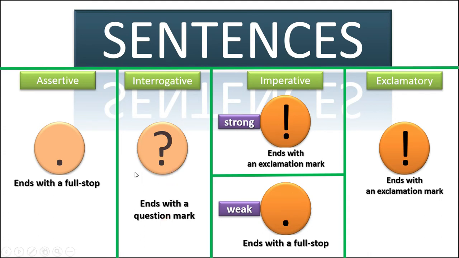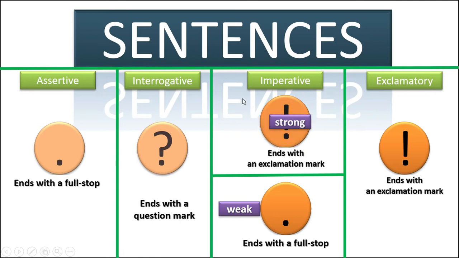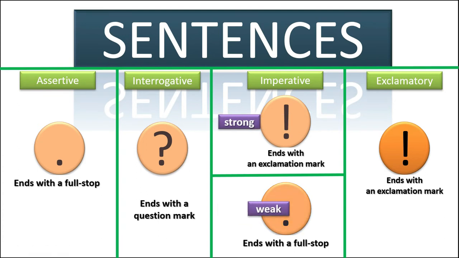And the third type of sentence is imperative sentence. Now there are two parts when it comes to imperative: strong and weak. Now strong imperative sentences have an exclamation mark at the end. So they are like orders and commands. And the weak or mild imperative is the one like instruction or maybe a piece of advice or something like that.